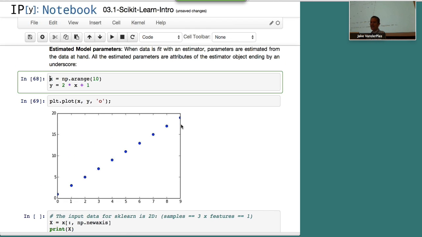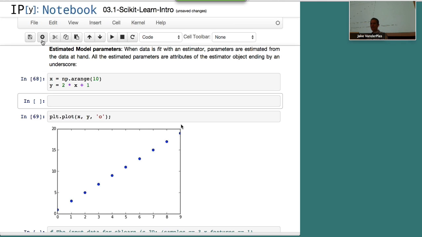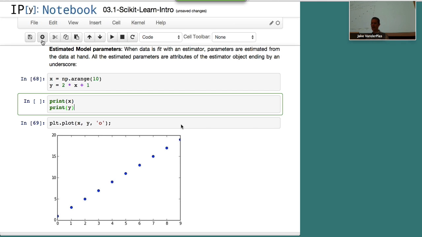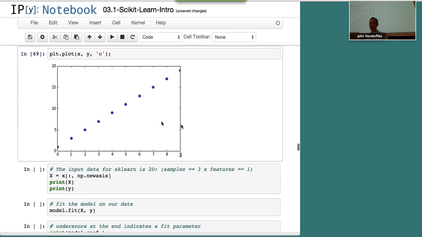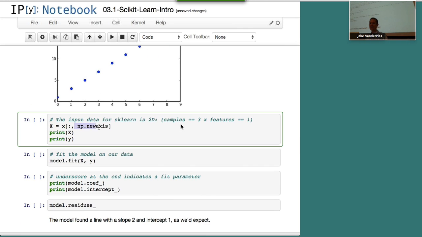Now let me just print these. If we print x and we print y, you'll see that they're both one-dimensional arrays. So we actually need to remember this: the x array has to be two-dimensional, and the y array is one-dimensional. In this case, instead of just an x array that's one-dimensional, we'll add a new axis to it like this.